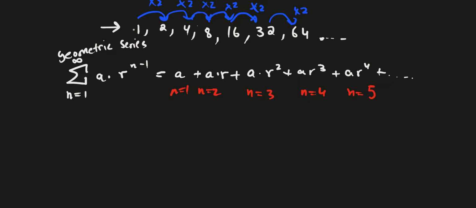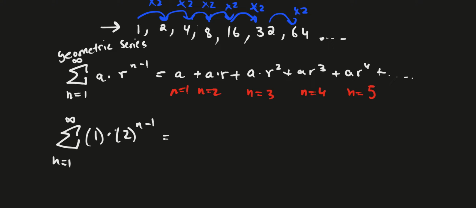Does this fit the pattern that we see up here? Let's try to write a geometric series representation for adding up the terms of the sequence. So we'd go from n equals 1 to infinity, and then our a is our 1. We said that before. And then we have our r, which is 2. We said that also before. And then n minus 1. Does this work? Let's see.